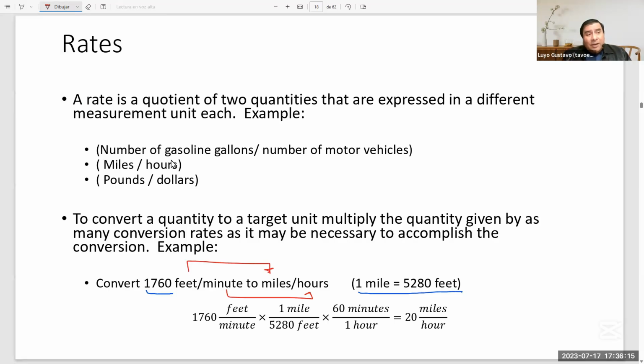The original amount expressed as a rate, that is 1,760 feet over 1 minute, we multiply by this conversion rate, which is 1 mile over 5,280 feet, meaning there is an equivalence between the two of them, right?